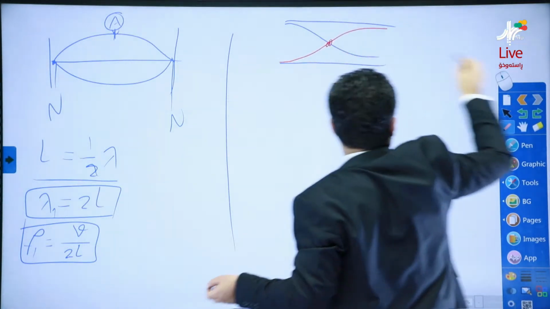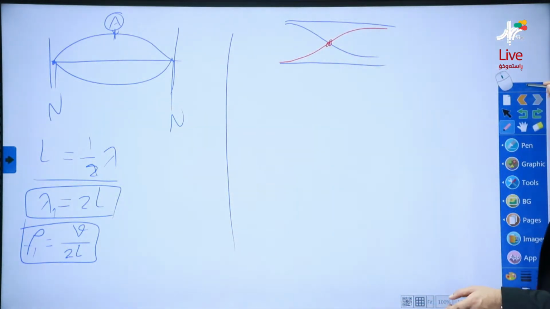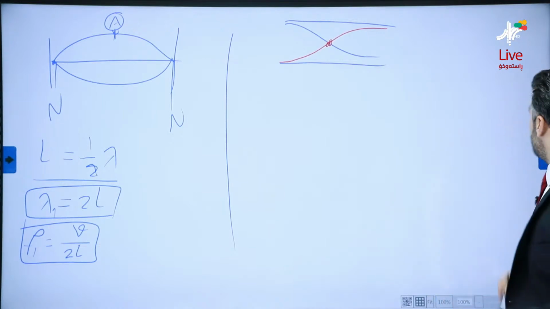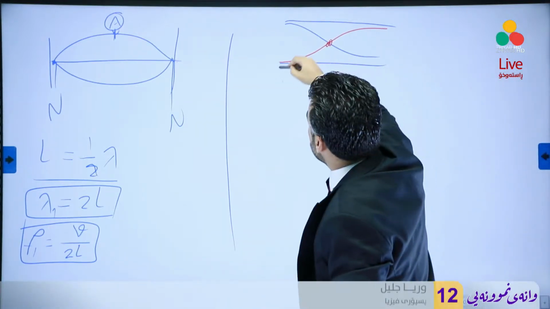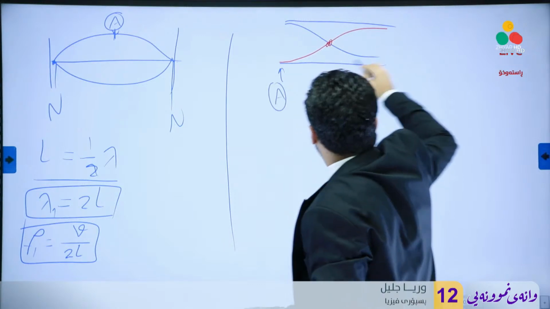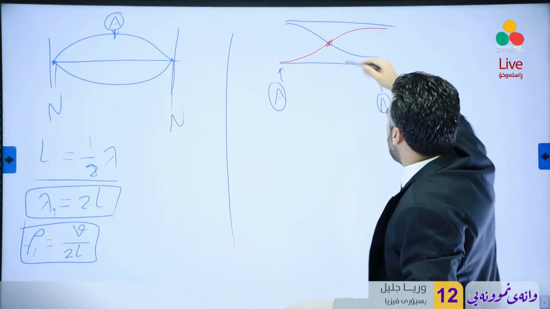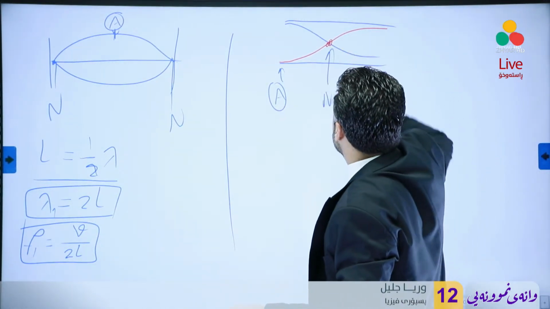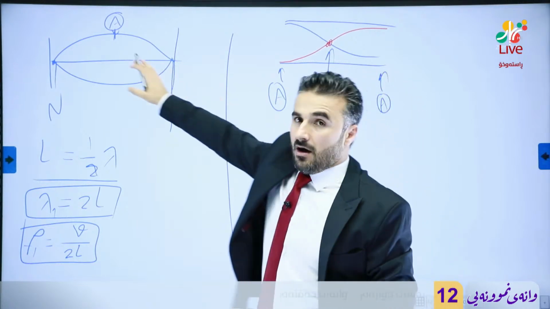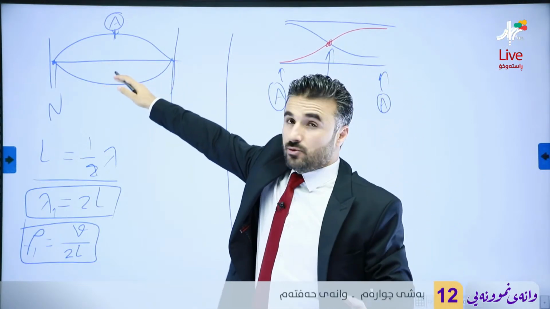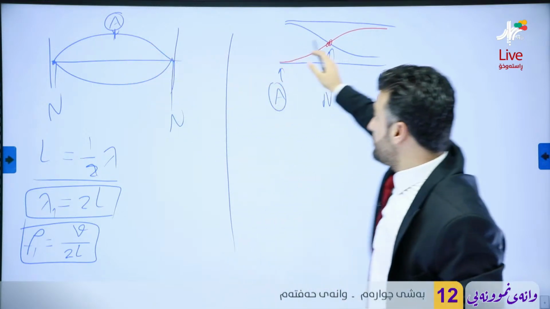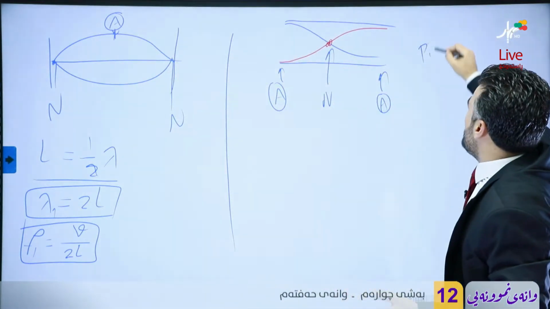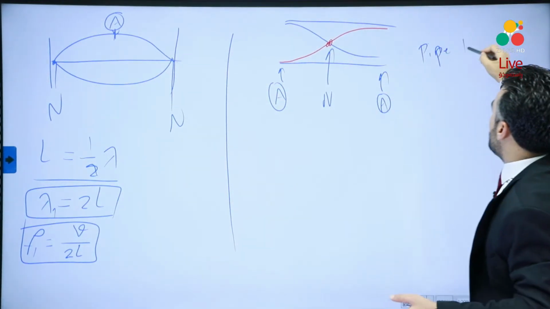For a pipe open at both ends, the ends of the pipe are antinodes, and we have one node in the middle. So it is the opposite of the string, where the two ends are nodes and we have one antinode. That is a pipe that is open.